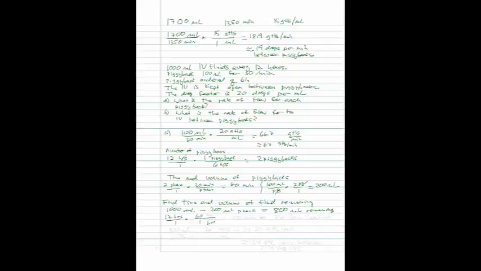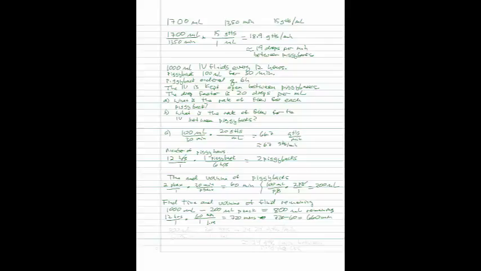We get 60 minutes in 1 hour. And 60 times 12 is 720 minutes. Minus, we had 60 minutes for the piggyback. So 720 minutes minus 60 would give us a total of 660 minutes remaining.